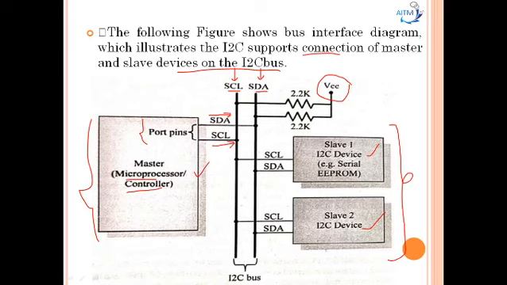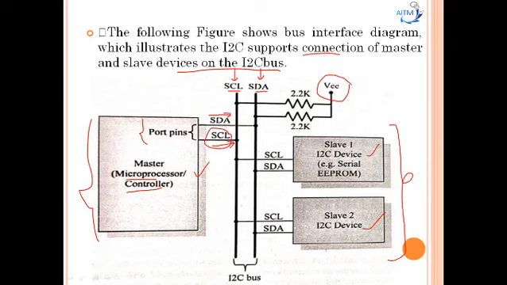So now we'll see the sequence of operations for communicating with an I2C slave device. In step 1, the master device pulls the clock line, that is the SCL line of the bus, high.